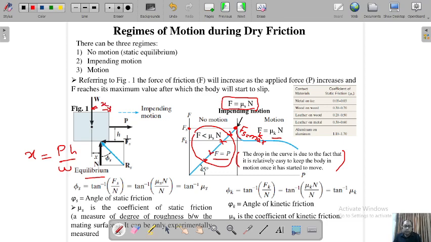Okay, so very important. Then again, what about this R? Remember, this was the reactive component, the reactive resultant.